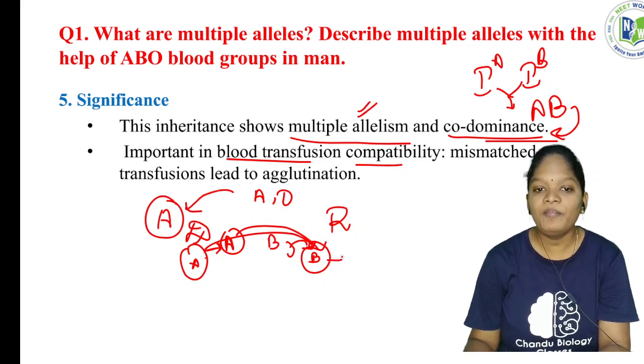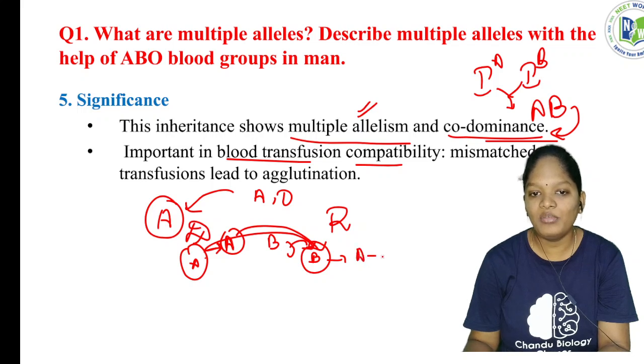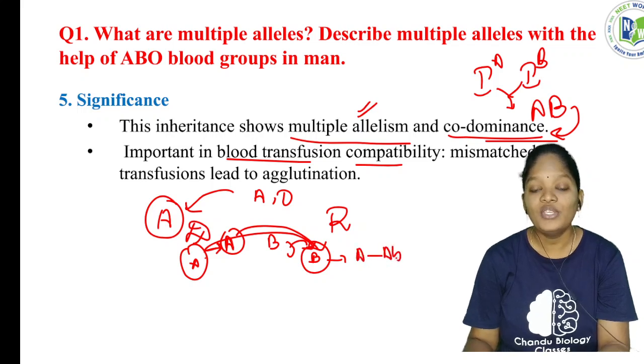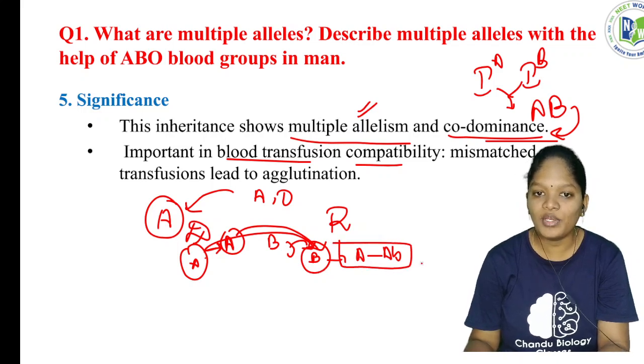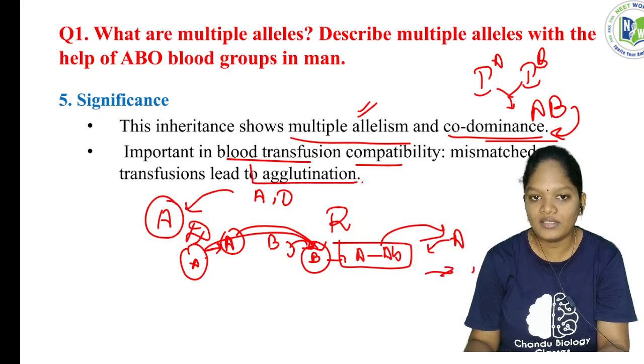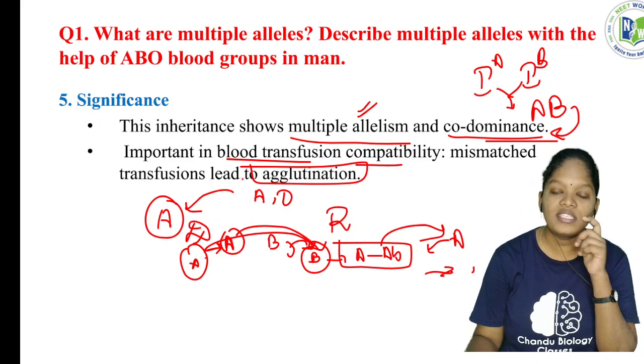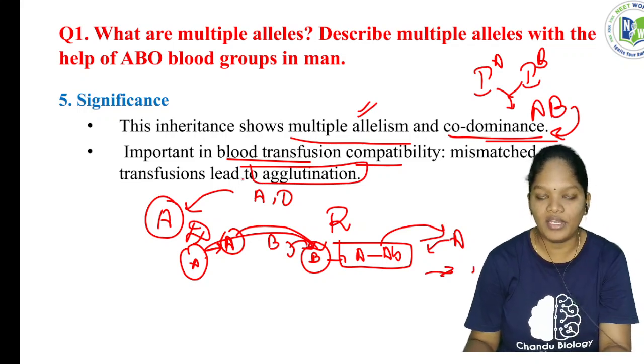That will be A antibody. So as the A antibody is present in the person having the B blood group, as soon as the A antigen enters this person's body, this A antibody will fight against this antigen and it causes agglutination. So this is an important thing you have to keep in mind.